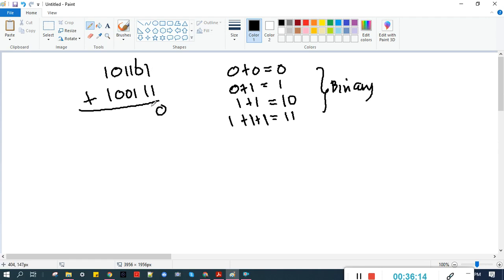So 1 plus 1, this is 10, carry 1. So 1 plus 1 plus 1, this is 11. Carry 1. It's 1, then 1 plus 1, 10.